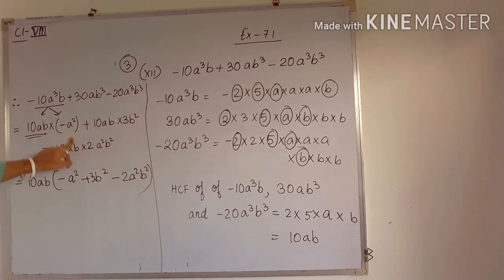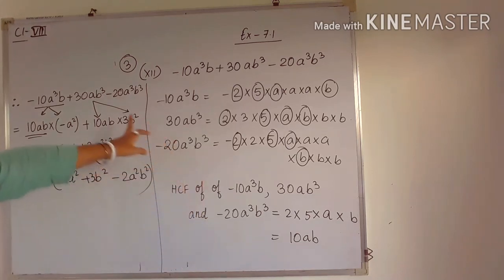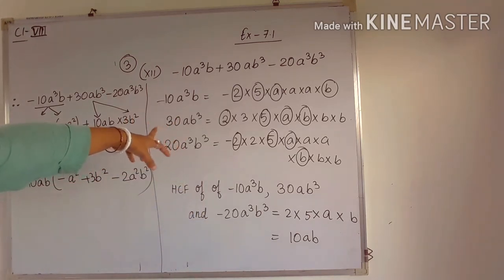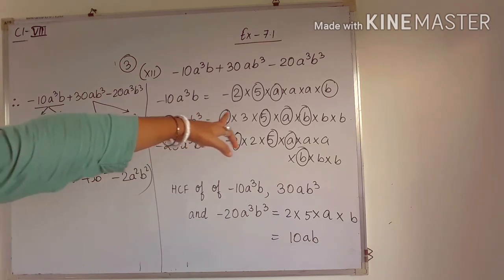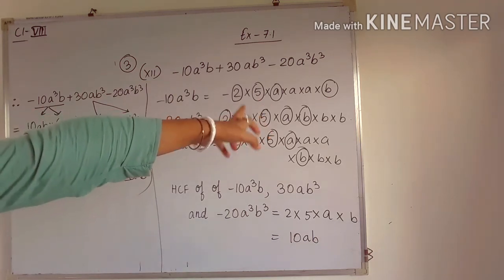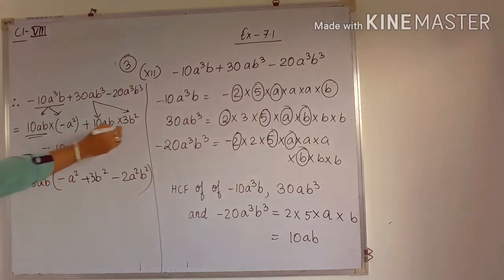Similarly, 30ab cube will again be factorized into 2 parts. First will be the HCF, that is 10ab, and next you can check the factorization of 30ab cube. So see, 3 is remaining, and what is the remaining term? b. b into b will be b square. So 3b square.